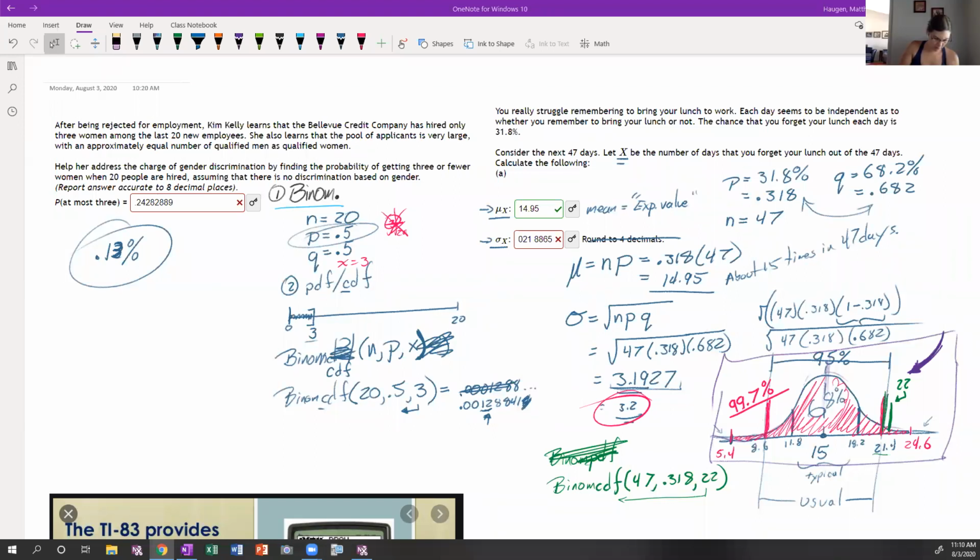Yeah. What did you get as a probability? 0.98937. Anybody else want to put that in and see what they get? Because that seems awfully high. But it should be awfully high.